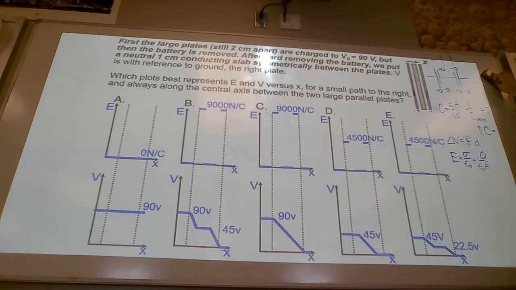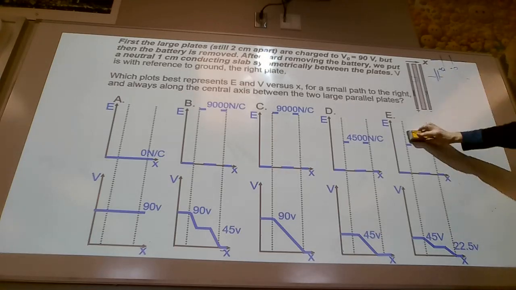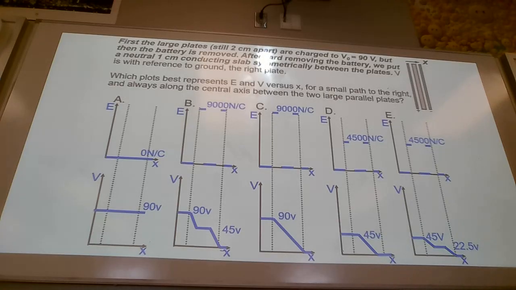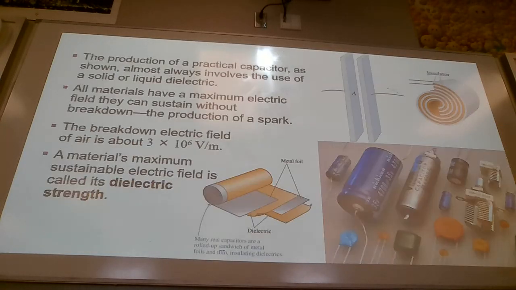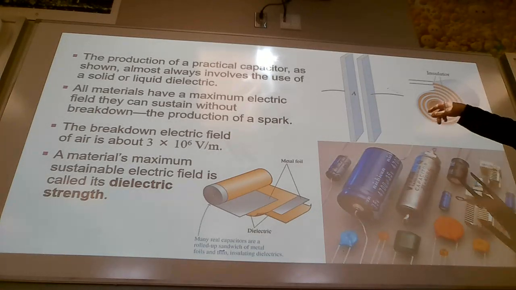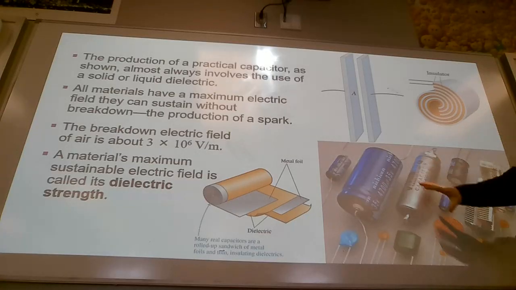All right. So I already talked about that. So here's some just practical stuff. We always model like this, but really they look like this.